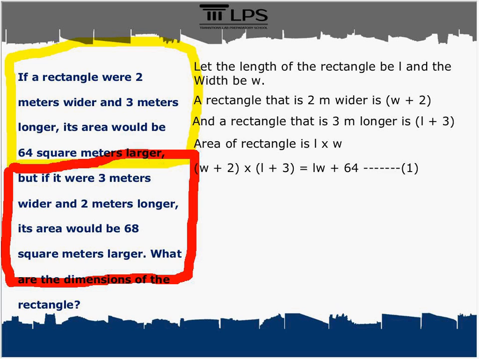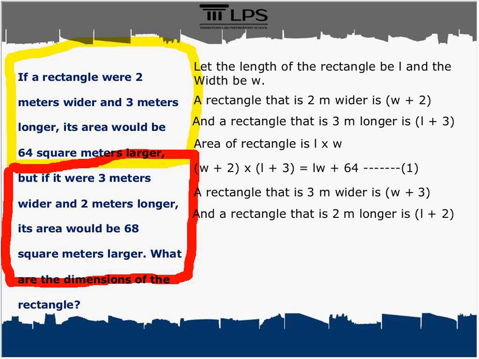The information that is now in the red box. So 3 meters wider is W plus 3. The rectangle that is 2 meters longer is L plus 2. The area of the rectangle is L into W, and the second equation.